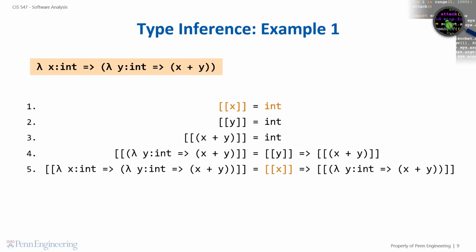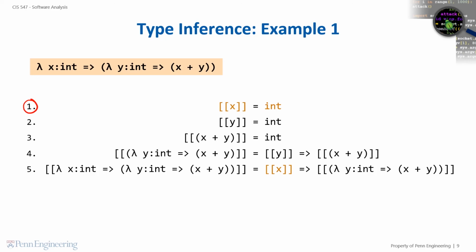The goal is to attempt to unify the two terms in each constraint. That is, to make them identical by applying a substitution. For example, constraint 1, type of x equals int, would substitute int wherever type of x appears in the remaining constraints. If a contradiction arises during this process, then the program cannot be typed.